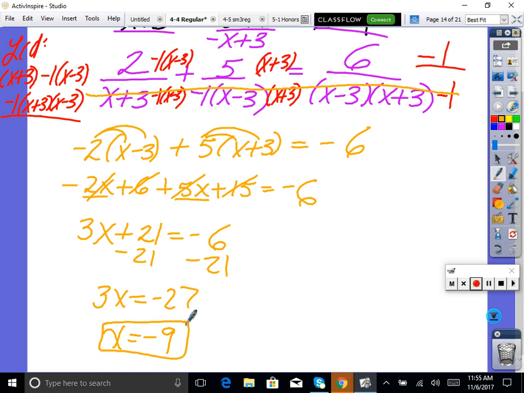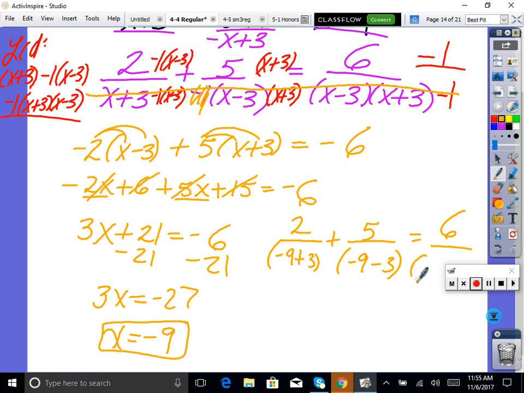Let's check it very quickly. We would have 2 over parentheses -9 plus 3 plus 5 divided by parentheses -9 minus 3. Does that equal 6 over? We're plugging it into the original, so I'm going to just put it in standard form.